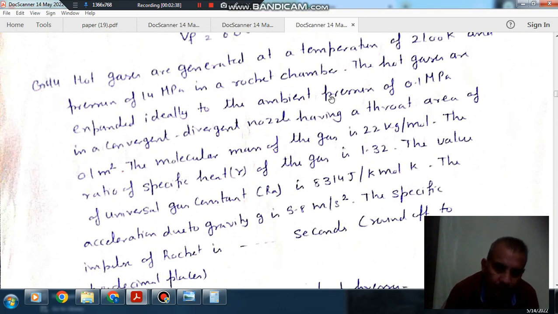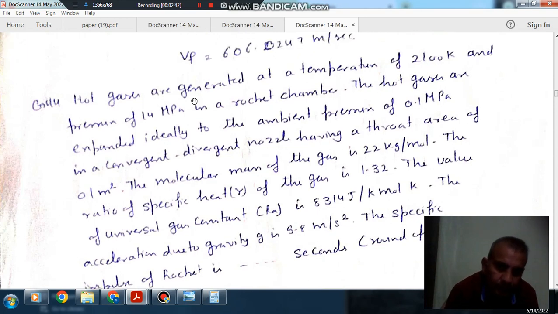Now the ambient pressure is 0.1 MPa and the hot gas is generated at 14 MPa. So the pressure ratio is 14 by 0.1 and the initial temperature is 2100 Kelvin.